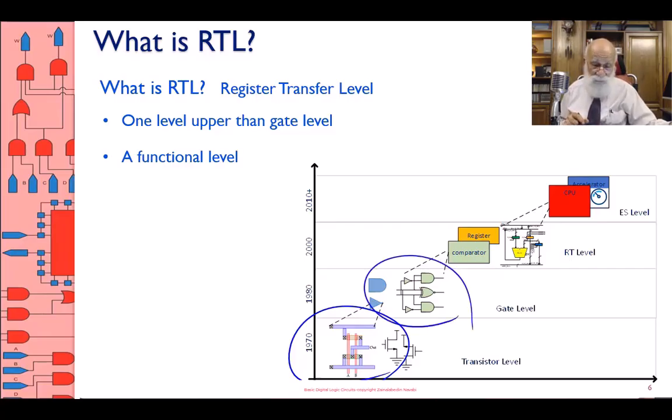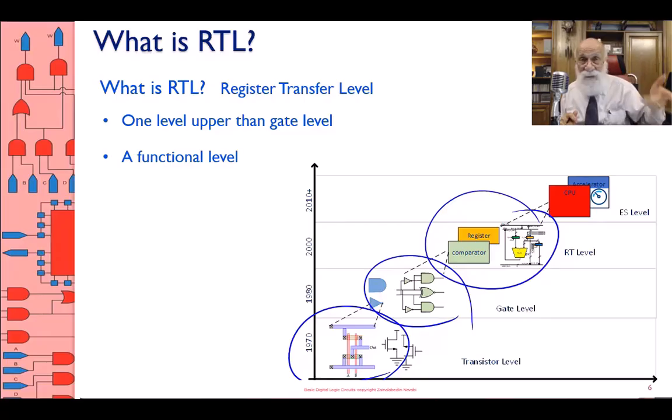And then RT level started late 80s and then matured in early 90s. Today, nobody designs at the gate level unless you have some specific function that you want to optimize for some little area on the chip. Today's designs are all at the RT level.